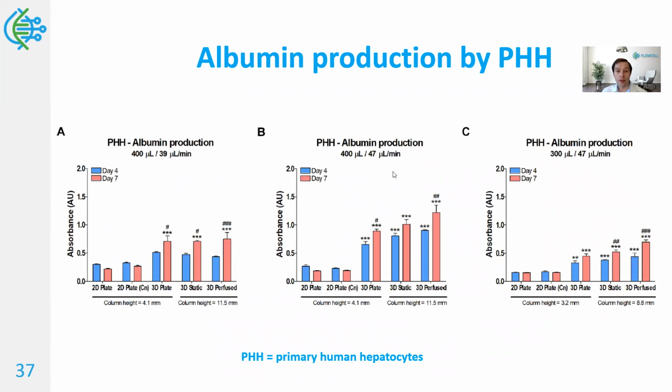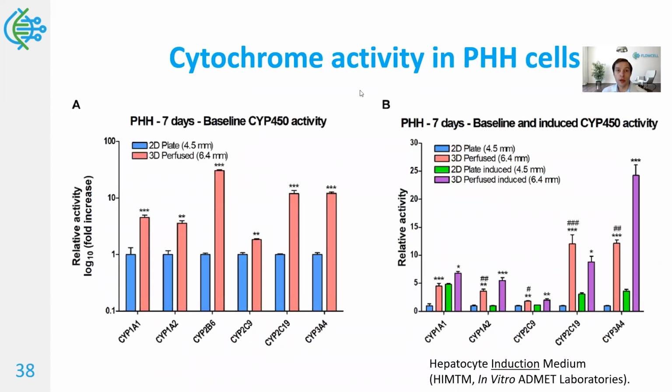At somewhat higher flow rates, we see more efficacy. So it depends on the specific conditions. In terms of activity of either cytochromes, on this logarithmic scale, we can see dramatic difference between the two extremes, the traditional flat plate and 3D perfused. So this is multiple fold of difference. This is about 30-fold enhancement.